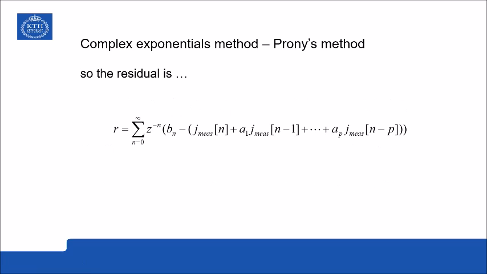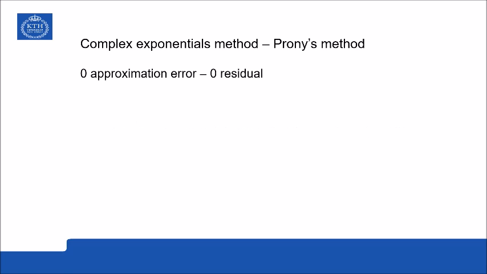So we can now formulate the residual in this way. It's a sum of terms with z raised to the power of minus n. And we want now to make this residual, or the approximation error, as small as possible. So we set the residual equal to 0. And that means that each term in this sum can be identified to be 0.